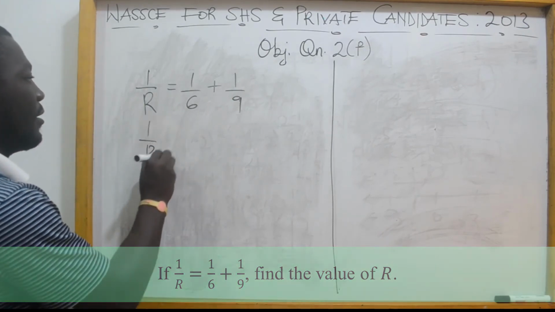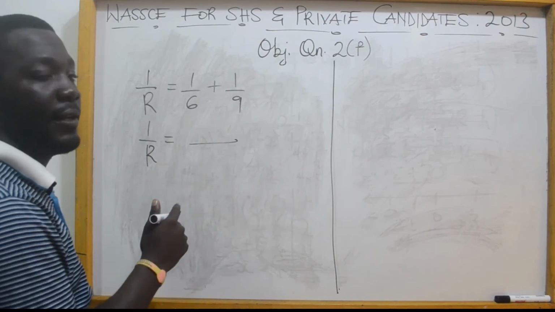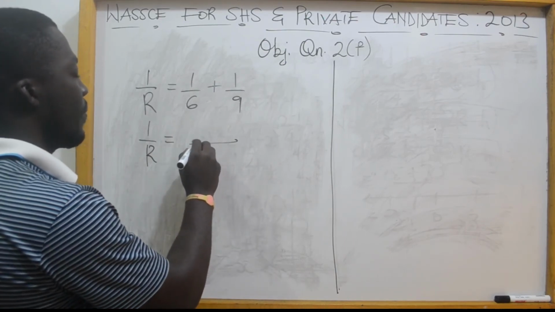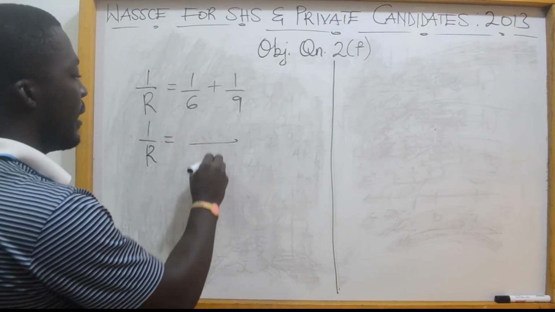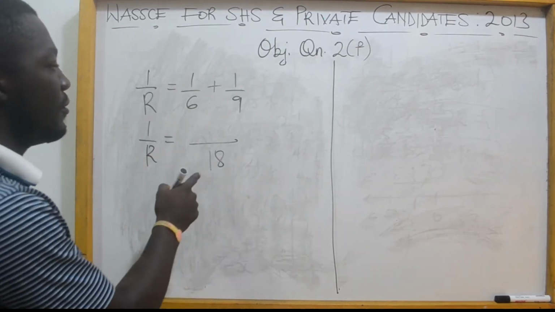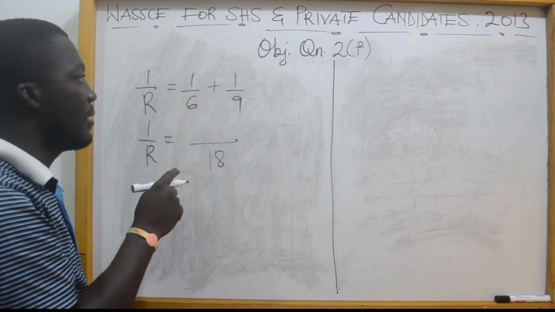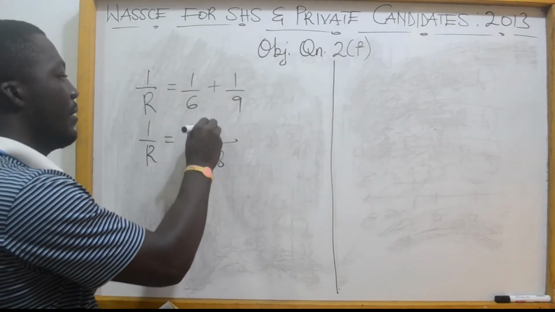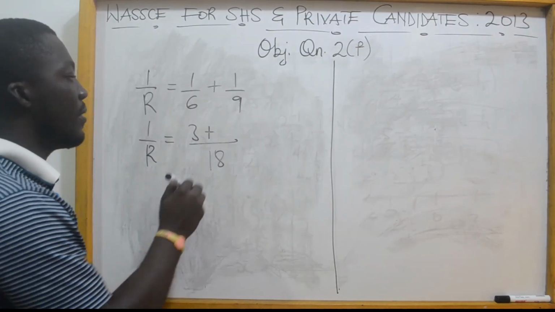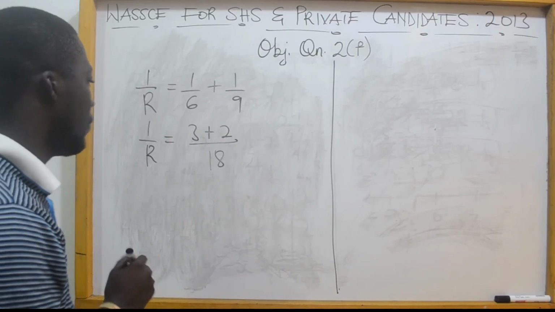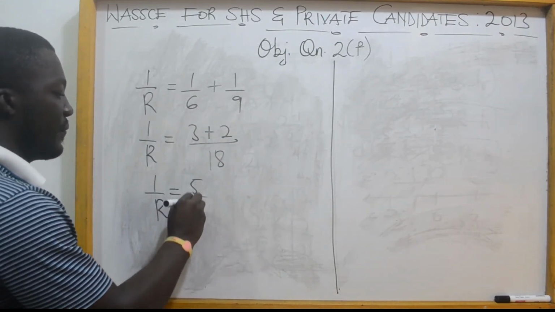So 1 over r is equal to, we find the least common denominator, and that is 18. 6 into 18 is 3, 3 times 1 is 3. Plus 9 into 18 is 2, 2 times 1 is 2. So 1 over r is equal to 5 over 18.